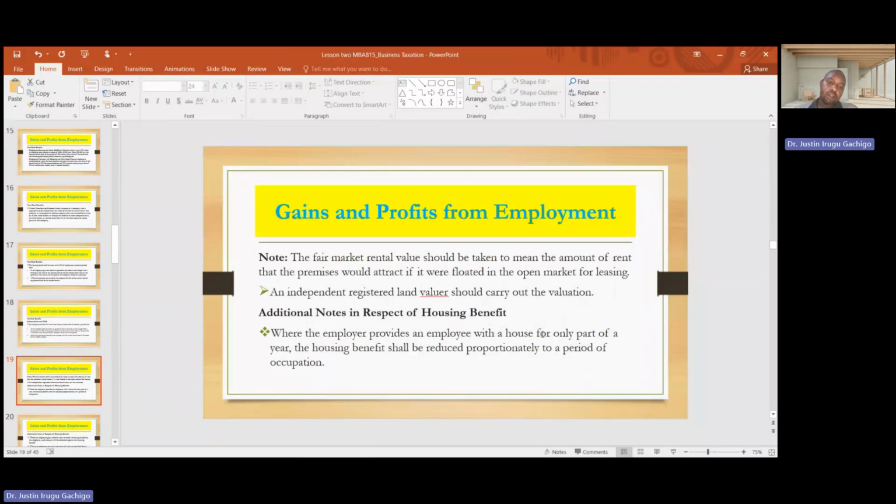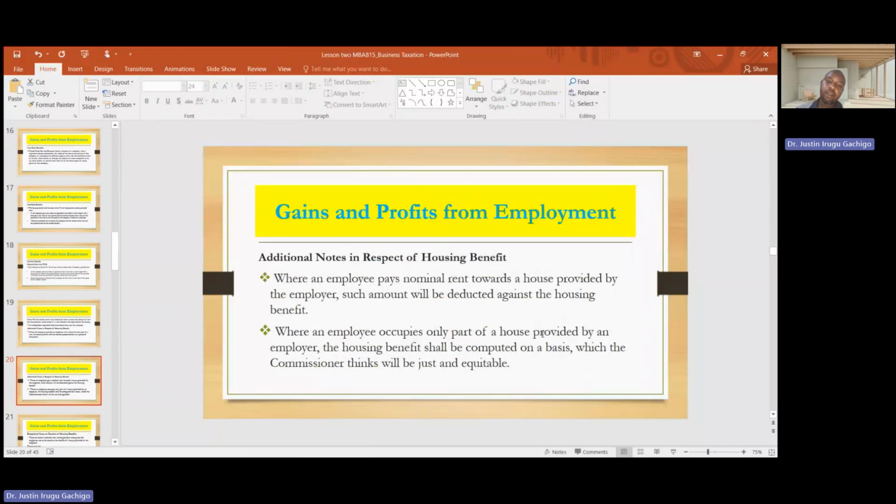So, additional notes. Where an employer provides an employee with a house for only part of the year, the housing benefit shall be reduced proportionately to the period of the occupation. Let's say the year is made up of 12 months. If the employer gives you the house for 6 months, the benefit will be on a pro rata basis. Let's say if it's 6 months, it will be 6 over 12.